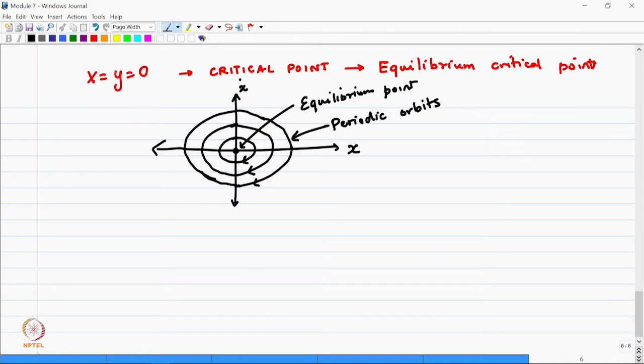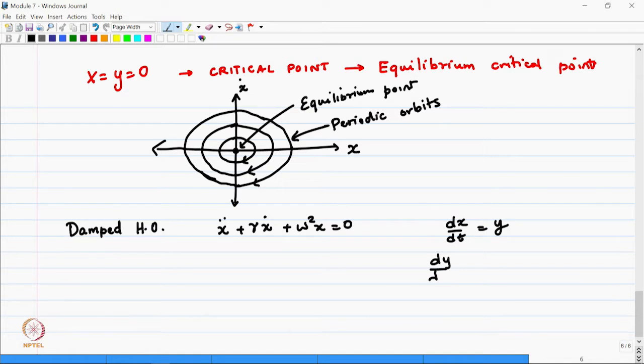Now, let us take the case of the damped harmonic oscillator. In this case you have x double dot plus gamma x dot plus omega square x equal to 0. Gamma is the damping constant, and if you do exactly the same method, you will get dx by dt equal to y and dy by dt equal to minus gamma times y minus omega square times x.